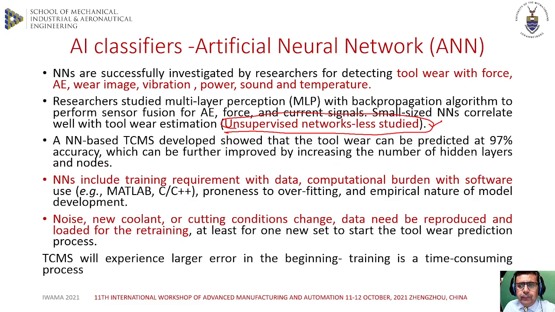The output will be formed in the shape of clusters, and those clusters can be labeled as, say, good tool, moderate tool, or worn tool. So there is a lot of potential to work in this domain of unsupervised networks.